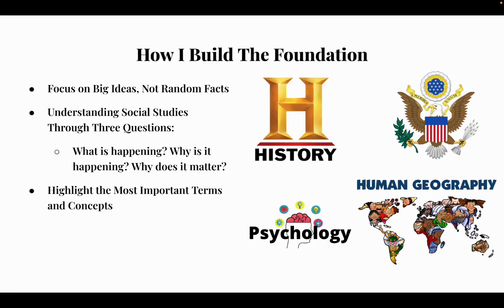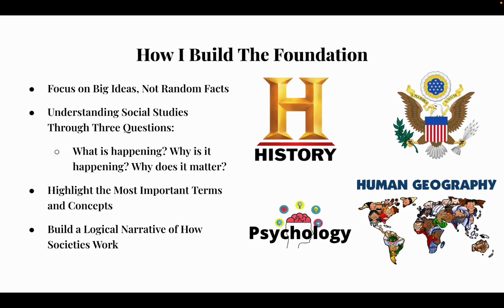I also highlight the most important terms and concepts. I highlight certain key terms and concepts that drive social development, such as people, places, and events, emphasizing that these key concepts allow students to quickly identify the central forces shaping a society. Building a logical narrative of how societies work. So each idea connects to the next, so students can see the bigger picture of how societies develop, change, and interact.